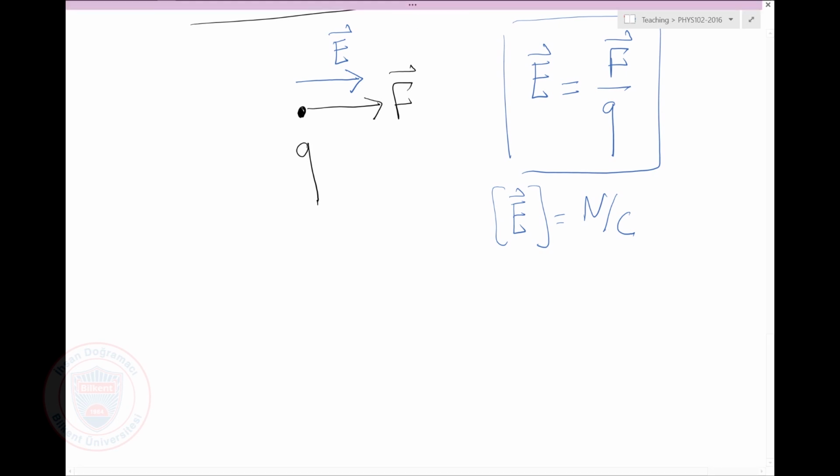Now, this may look like a mathematical trick, right? I'm saying I don't really want to calculate the force between two pairs of charges. I'll calculate something called the electric field, so I can quickly calculate the force for any given charge at that point. But it's actually conceptually very different.